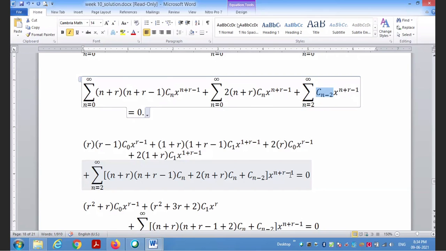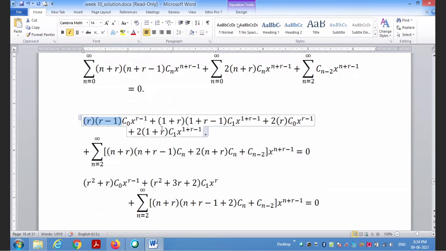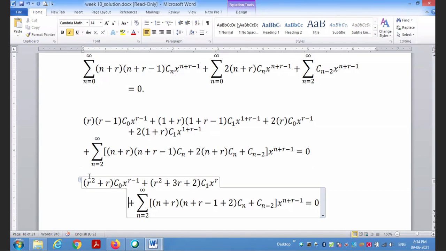Now simplify all these terms. It will be what? This will be r square. Let me see. Here should be r square. This one should be minus, right? Okay, do it again.